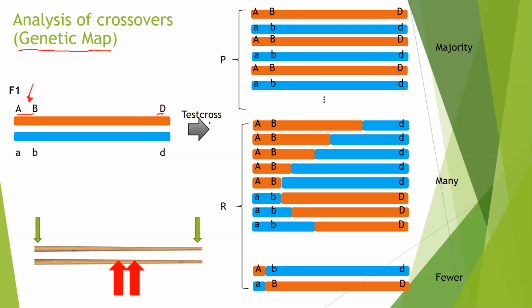If a crossing over occurs between these two chromosomes, it is more likely that the recombination will occur between B and D than between A and B. Do you agree? This is the principle we want to understand, and that's why I used the chopstick example to show you.